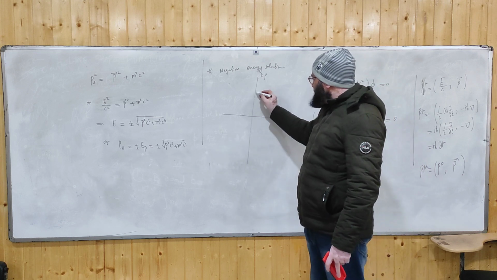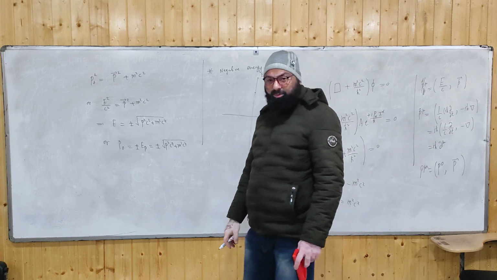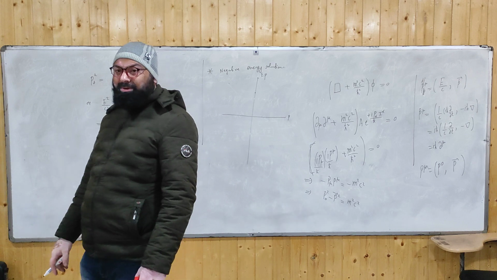Now let's say you have a particle that starts with an arbitrary momentum. To lower down the energy, what will happen?